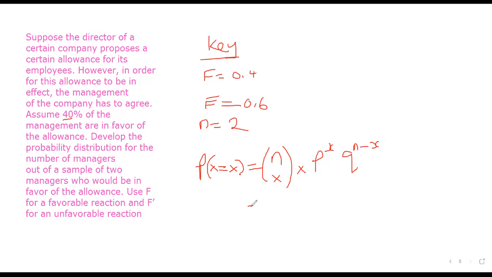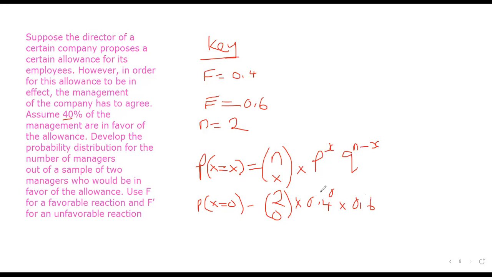So we're going to start with probability x is equal to 0. So you're going to have 2 combination 0 times p, or this could be our probability 0.4, and those that are not in favor, 0.6.